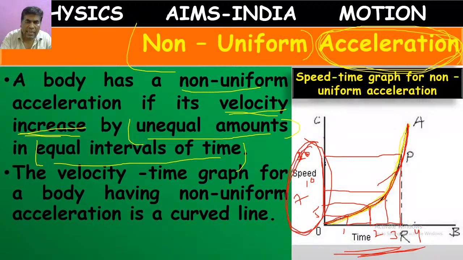Velocity is increasing unequally. So this speed-time or velocity-time graph is an example of a non-uniform acceleration graph. It will be shown by a curved line.